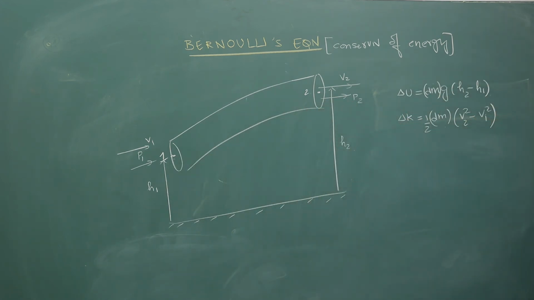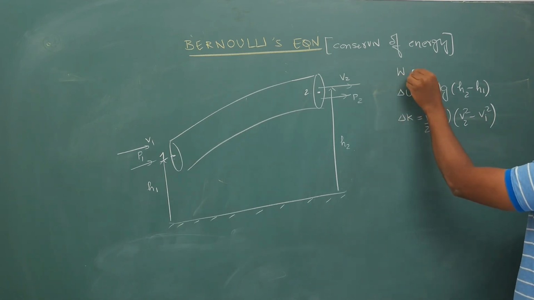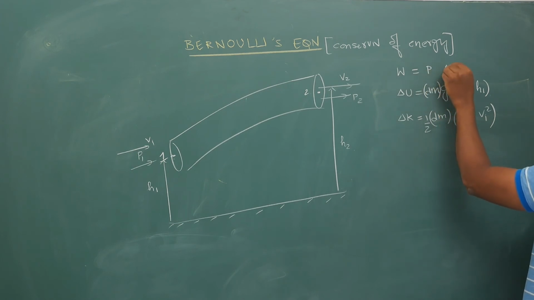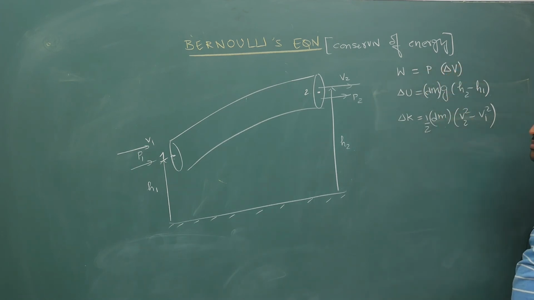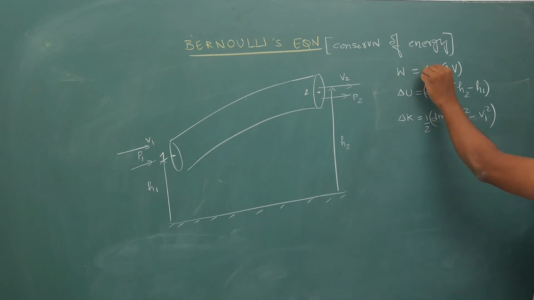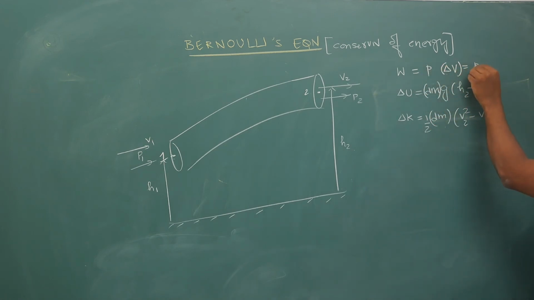Now the work done by the liquid is pressure into change in volume, P into delta V. Because of the pressure difference only, work is being done, so it is P1 minus P2 into delta V.